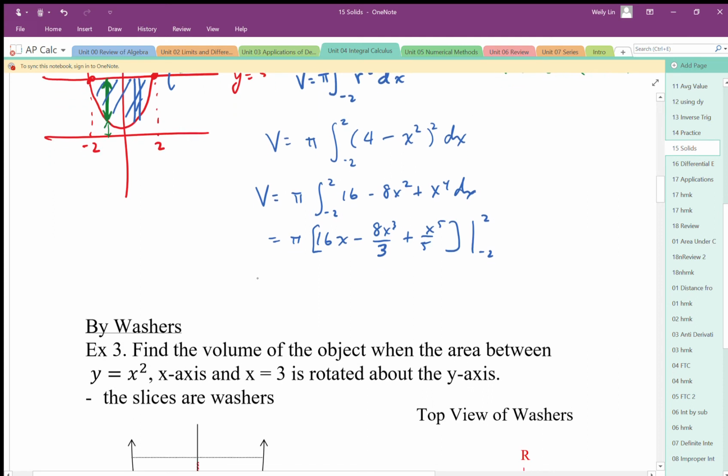So plugging the 2 into here, we're going to end up with 32 minus 64 over 3 plus 32 over 5 minus the negative, those are all odd functions, so it's going to be minus the opposite of all those pieces.